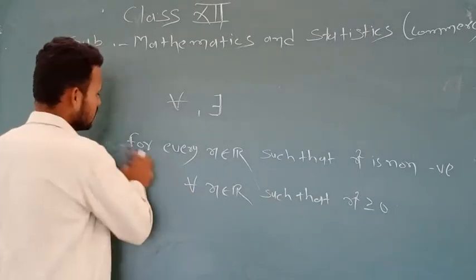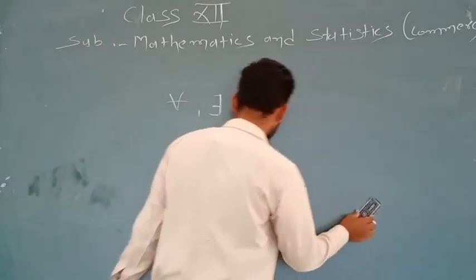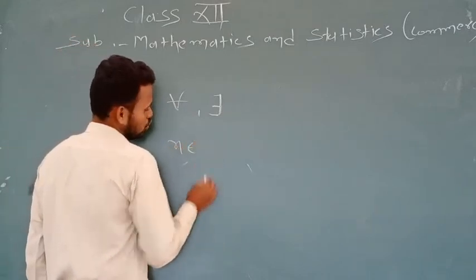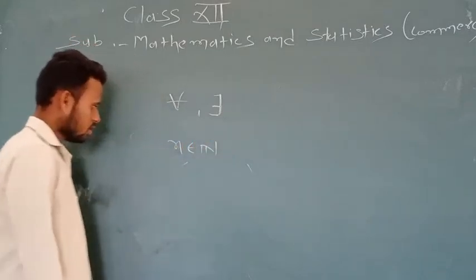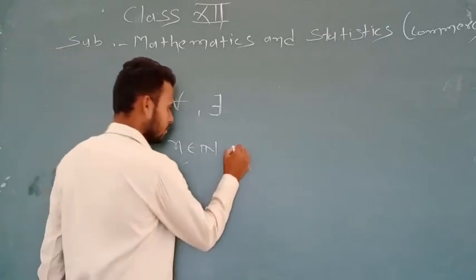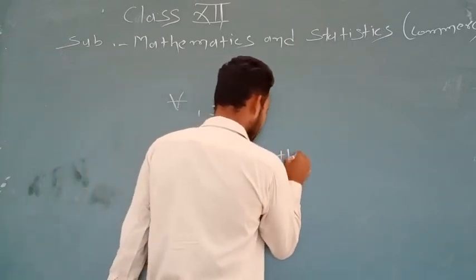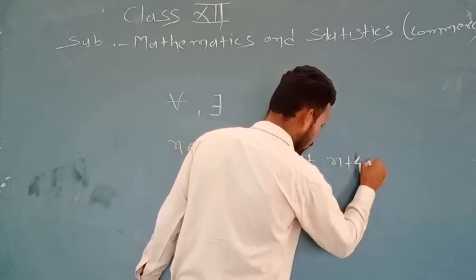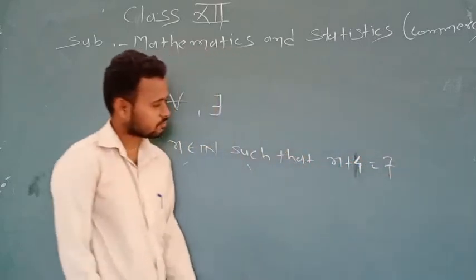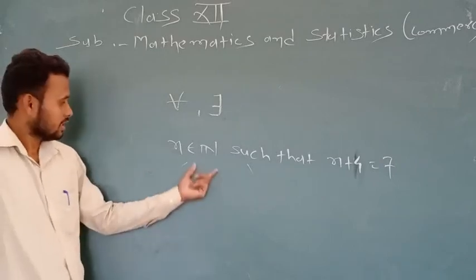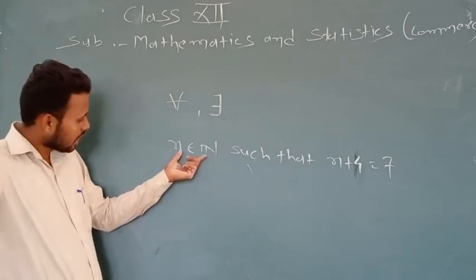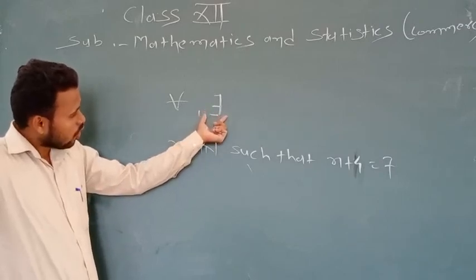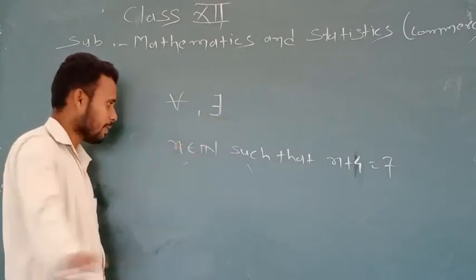The next example: for x belongs to natural number such that x plus 4 is equal to 7. This is also a sentence. Now we can write this sentence with the help of the quantifier there exists in mathematical form.